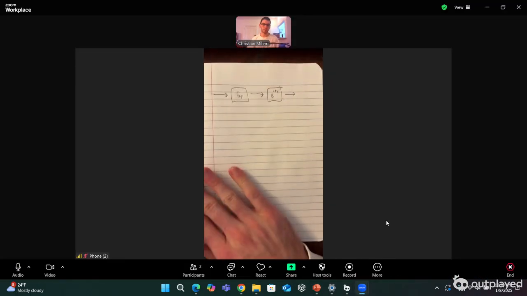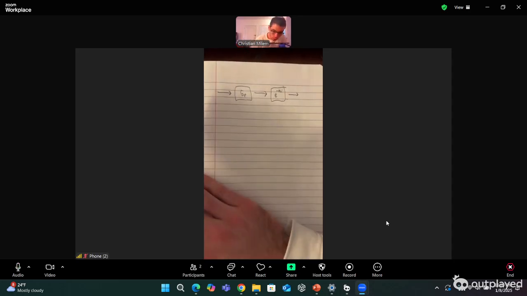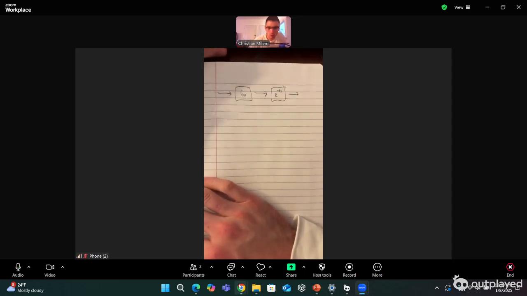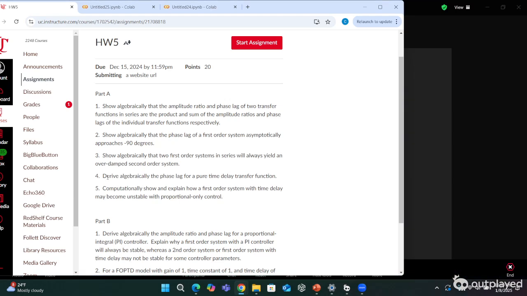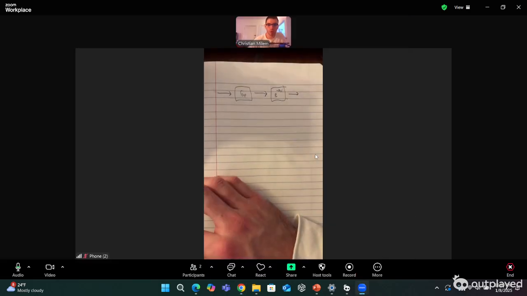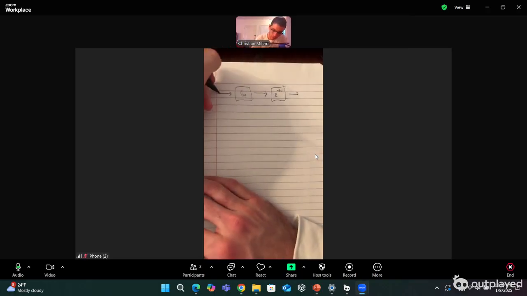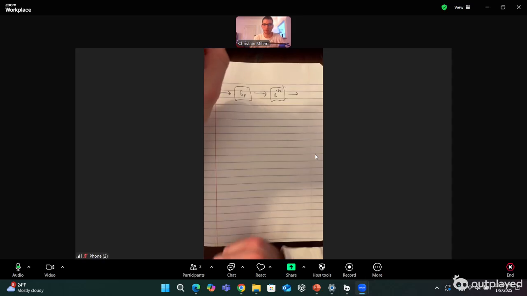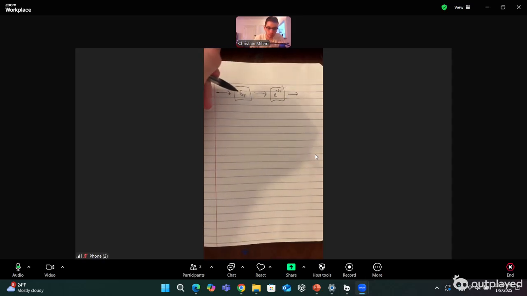All right. So this next part, derive algebraically the phase lag for a pure time delay transfer function. So look at a pretty straightforward piece of a process. So we have our process function, and then we have our time delay function.